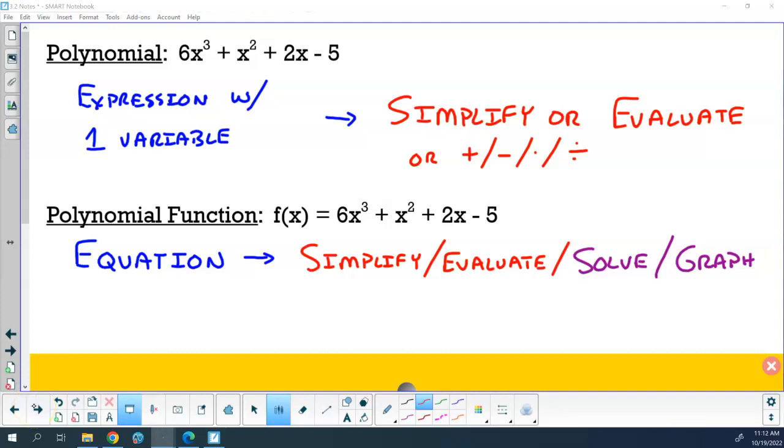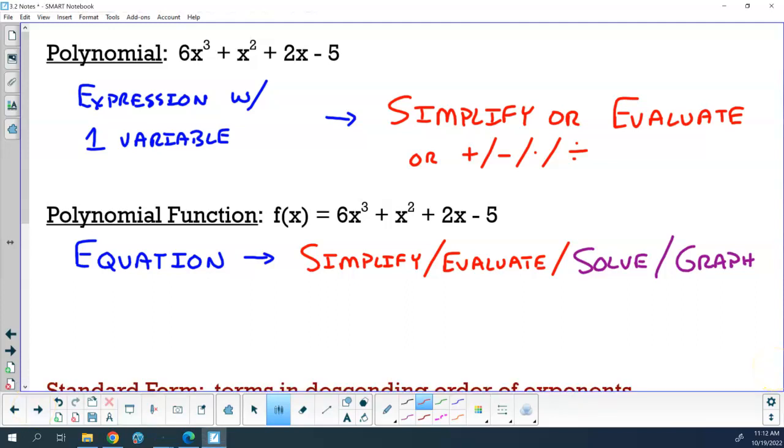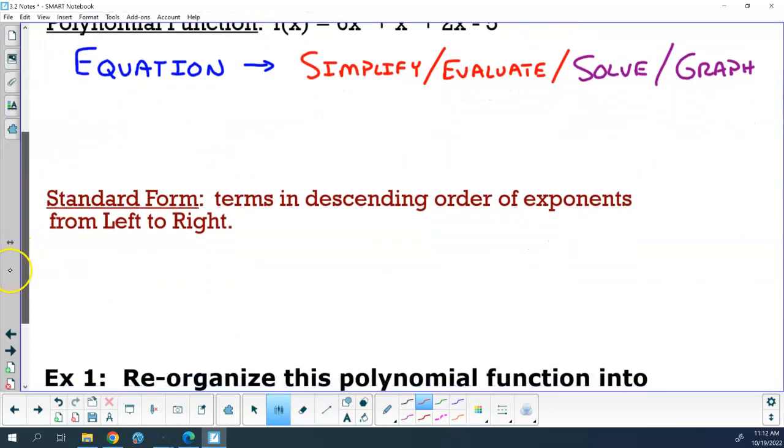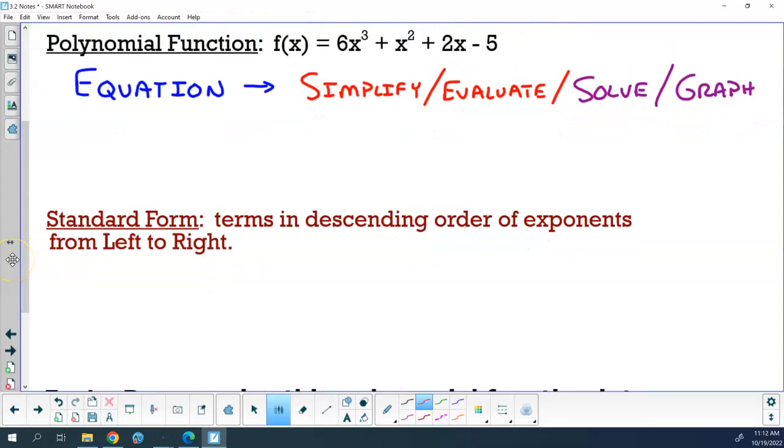Now, with polynomials comes something called the standard form of a polynomial. Okay? And the standard form of a polynomial has the terms. Okay, remember, terms are separated by an addition or a subtraction symbol.